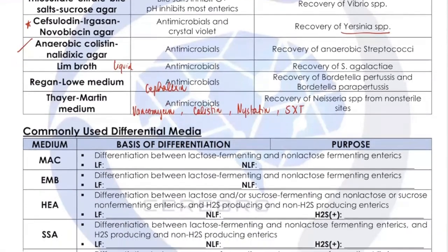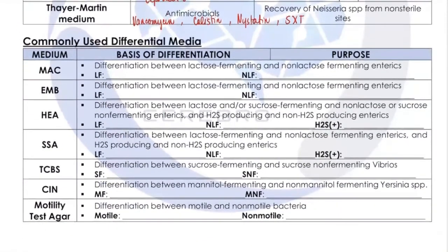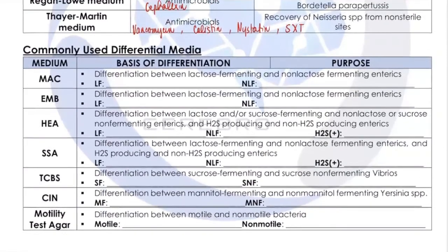Then we have commonly used differential media. Oftentimes these are for the differentiation of lactose and non-lactose fermenters. It's important for us to note the color of lactose and non-lactose fermenters in these media. First we have McConkey. Again, this is a differential and a selective media at the same time. This is used for the differentiation of lactose fermenting and non-lactose fermenting enterics.